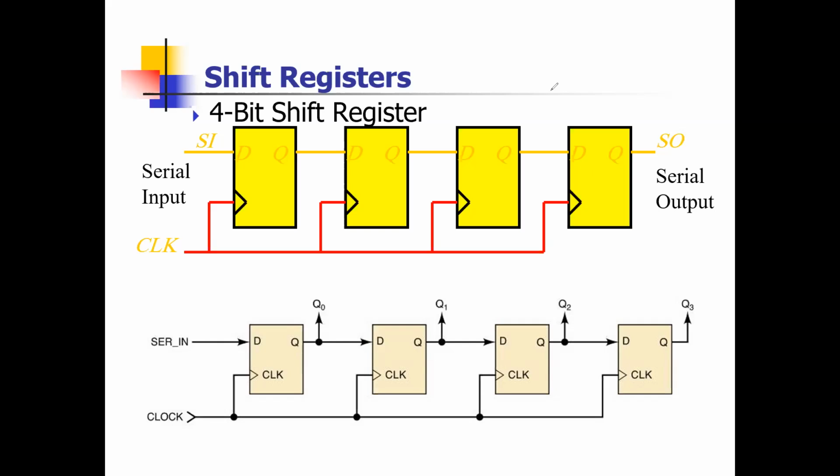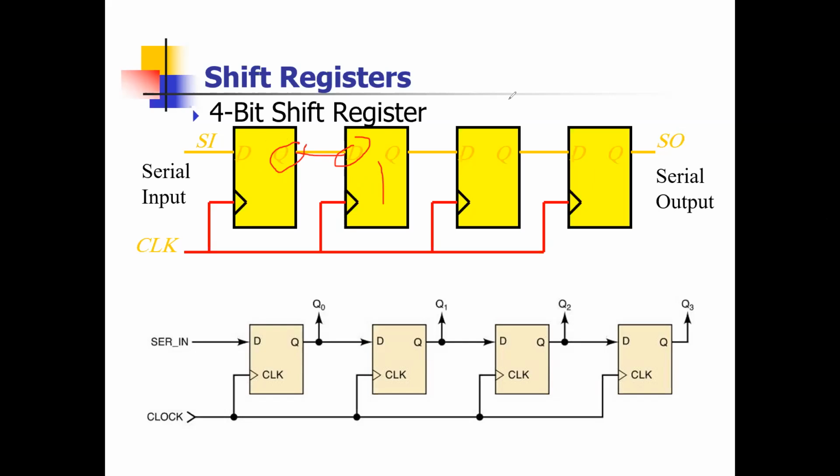So if we give another input, then definitely the previous one has to go out. And because these flip-flops are connected together, the output of the first one will become the input of the second. So the bit which goes out from this flip-flop will stay in this. Clear? Yes. So this is called shift register.